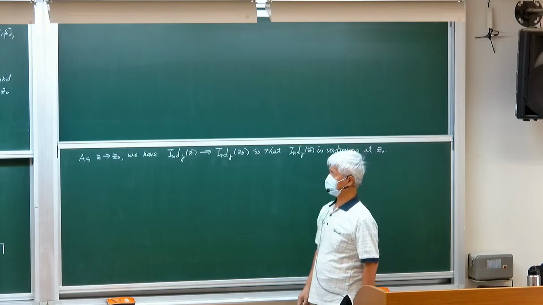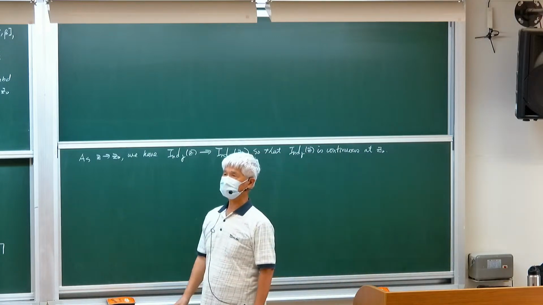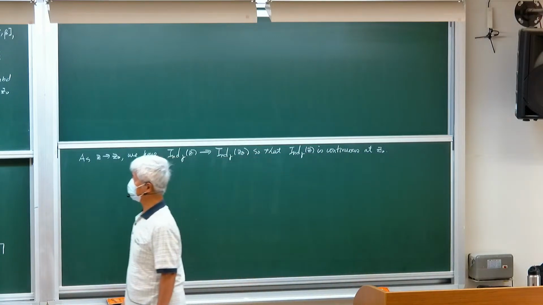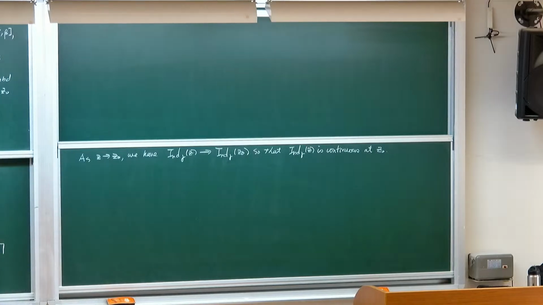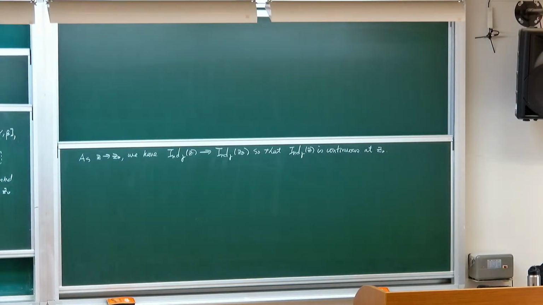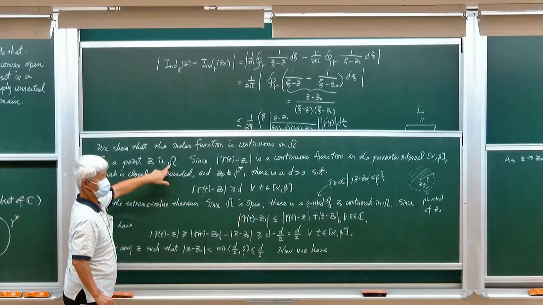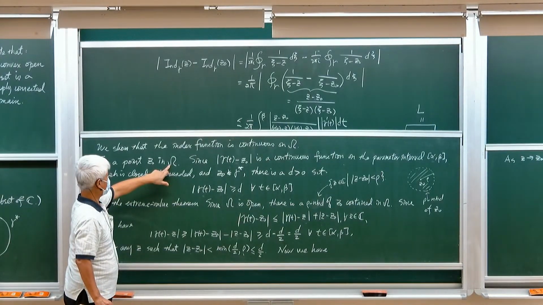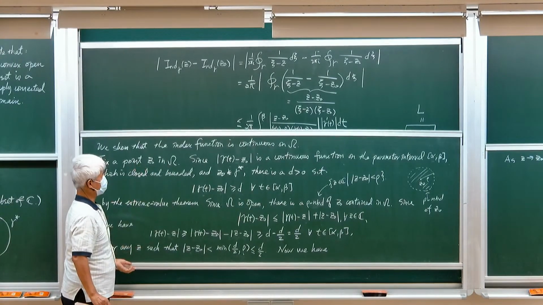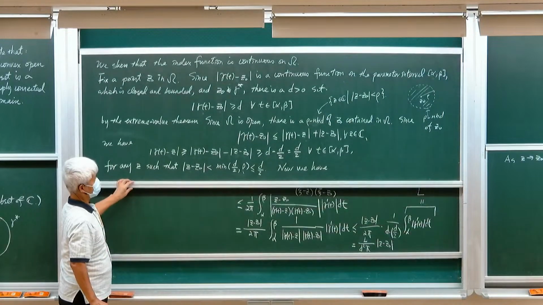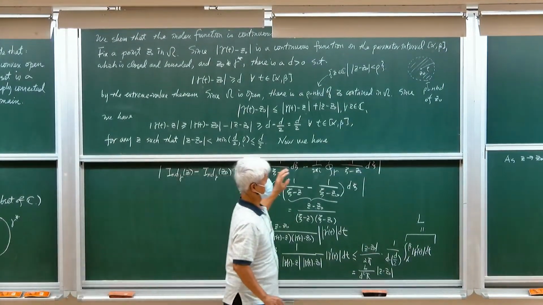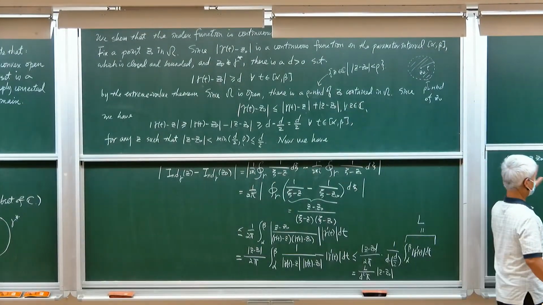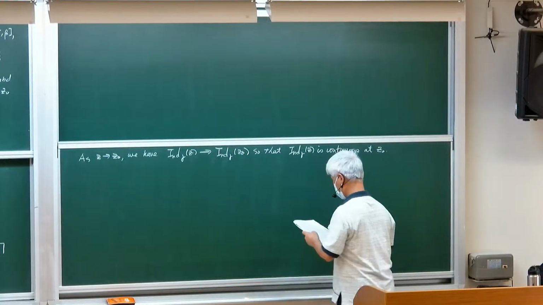Any questions? So for any fixed point in the complement of gamma star, we find that the index function is continuous.